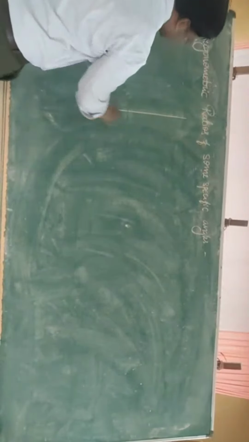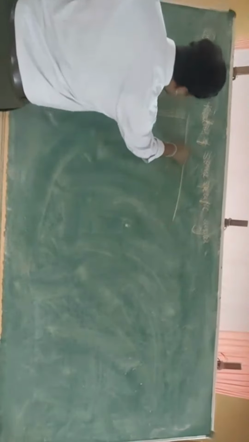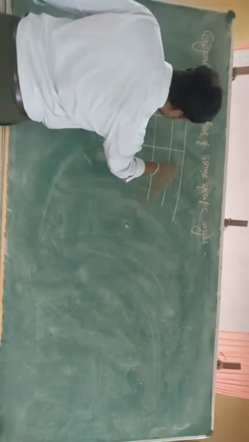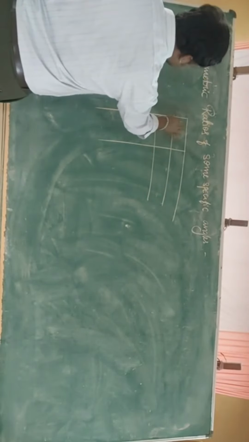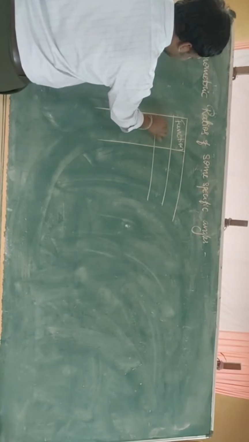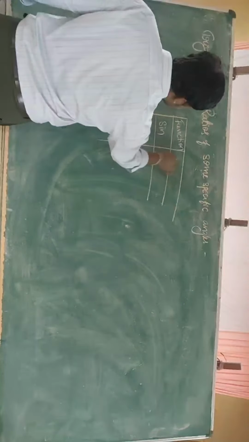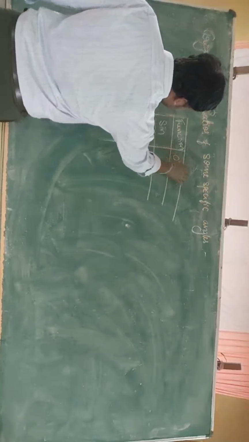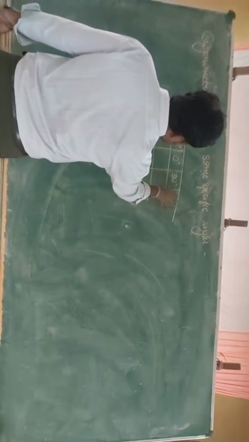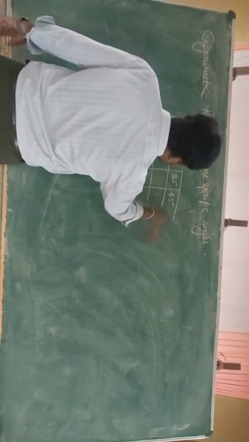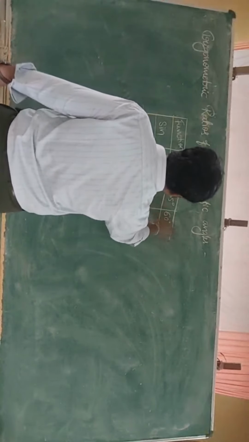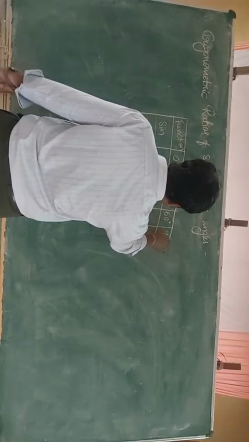So in this chapter, a main important concept is the standard angle table. Here we are writing the functions. First one is sine, and here angles: 0 degree, the next 30 degree, the next 45 degree, the next 60 degree, then the last one 90 degree.